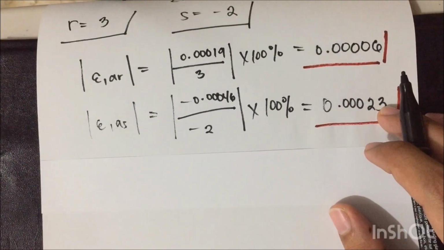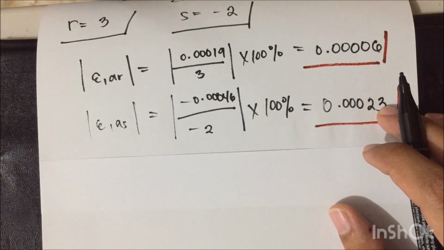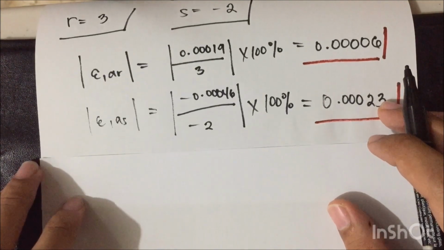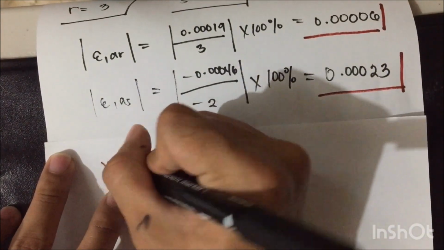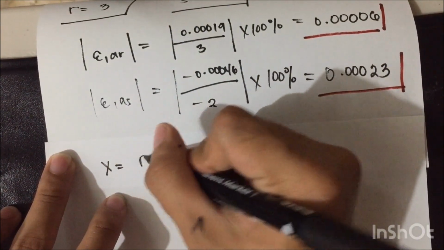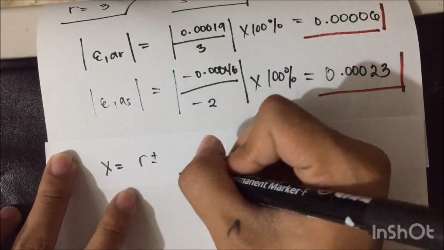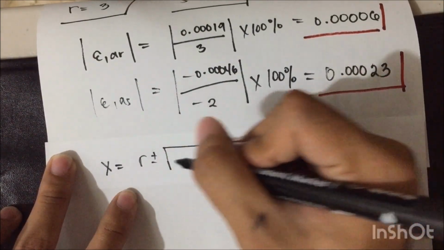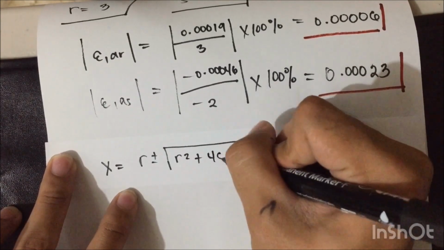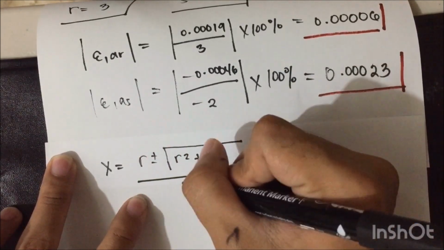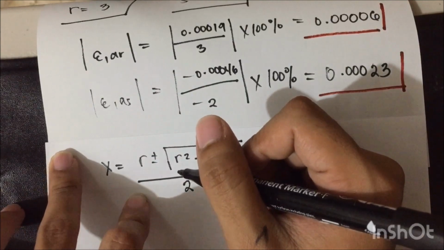So ang next step natin is gamitin na yung formula na ating quadratic formula, which is x is equal to r plus minus square root of r squared plus 4s over 2.